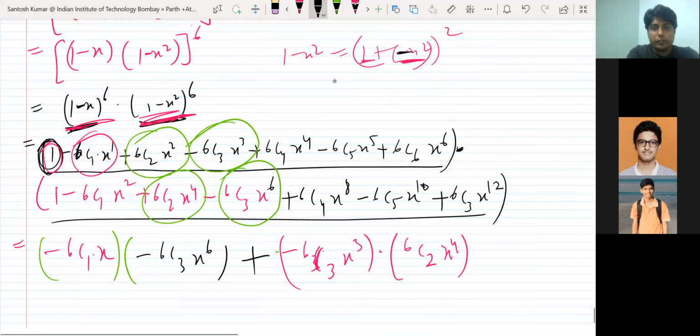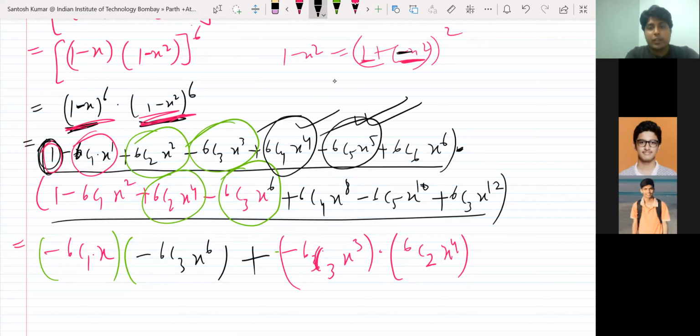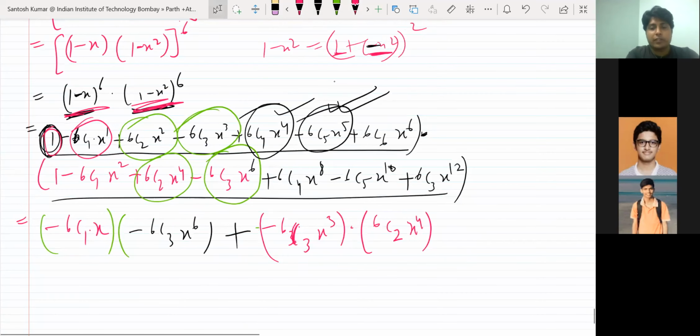Now again, the fifth term in the first factor: you will have no term to contribute power 7. So come to the second last term in the first factor. Which term in the second factor will it be multiplied with?